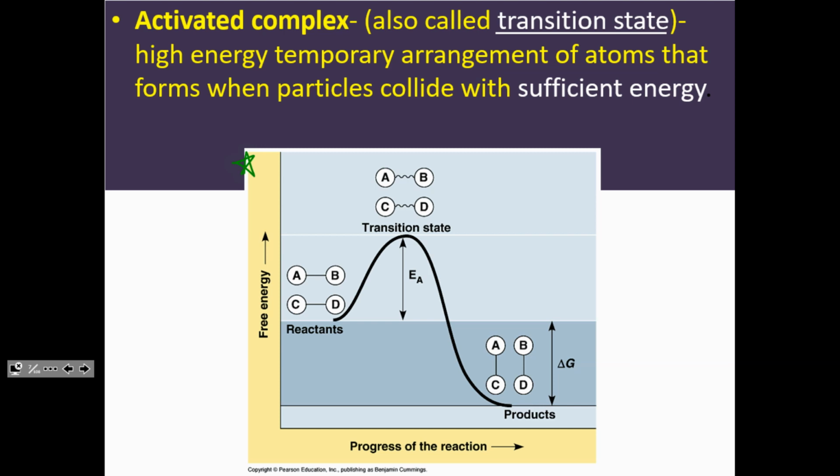So the first part of the diagram would be the reactants here, which will always be on the left side of the diagram. The y-axis has free energy, and the x-axis is time. So once we reach the activation energy, which we call E sub A, we reach the transition state, which is the point in time at which we form the activated complex so that we can form products.